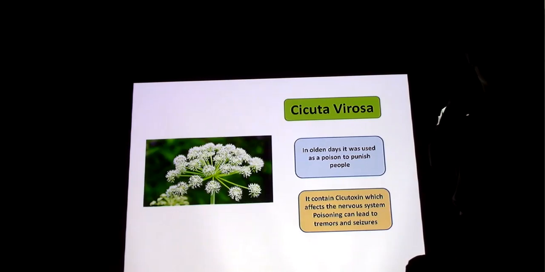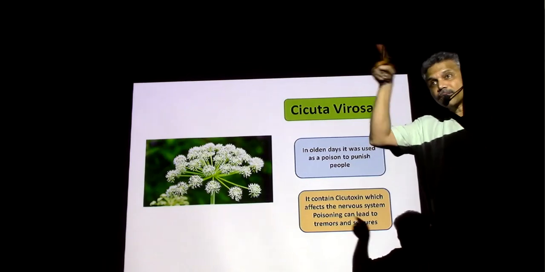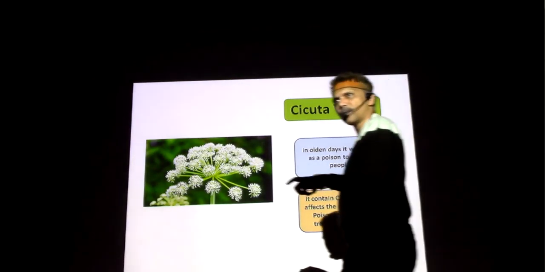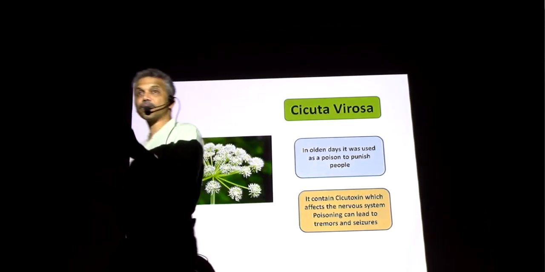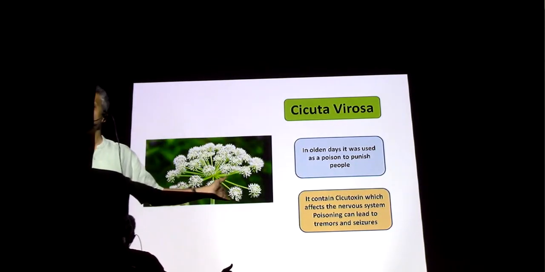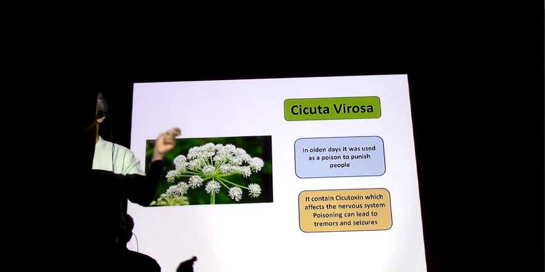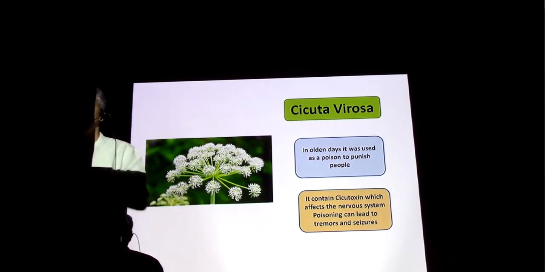I hope you are able to link things. Fine? We started with a case, and then we started with remedies for convulsions, and then we are looking at Cicuta, and we also saw that Cicuta is a beautiful remedy acting on the nervous system because it has got a neurotoxin, cicutoxin. Okay?